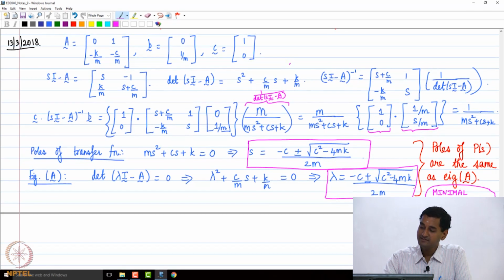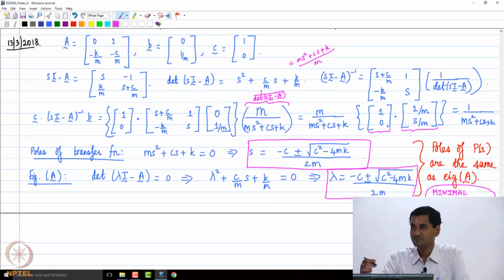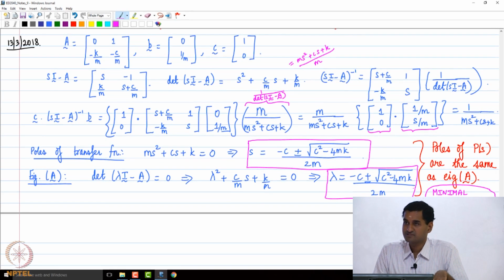This can be rewritten as ms squared plus cs plus k, divided by m, right? I am just taking m as LCM. So when you flip it, you will get m divided by ms squared plus cs plus k, and the m and 1 by m get cancelled, so that's why you get 1 by ms squared plus cs plus k. Okay, simple algebra. Okay.